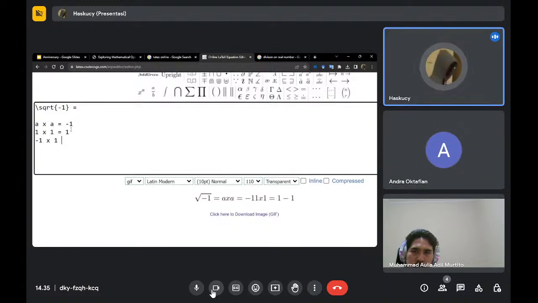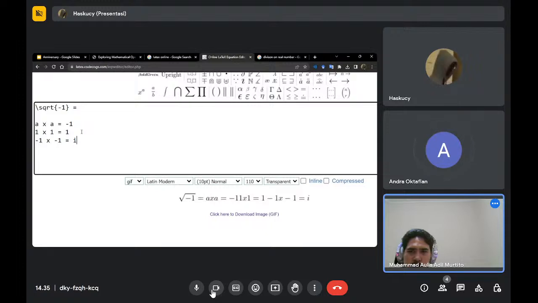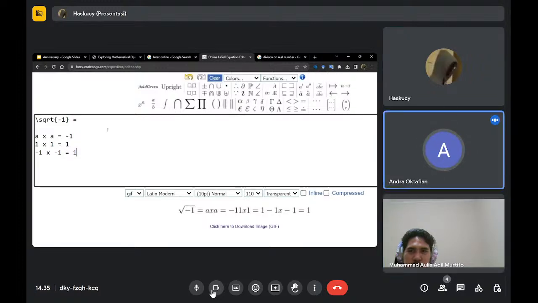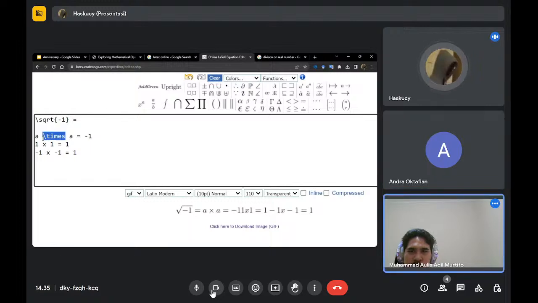So it doesn't exist, right? Root minus 1 times root minus 1 is 1 or minus 1. So I times I is minus 1 or 1.